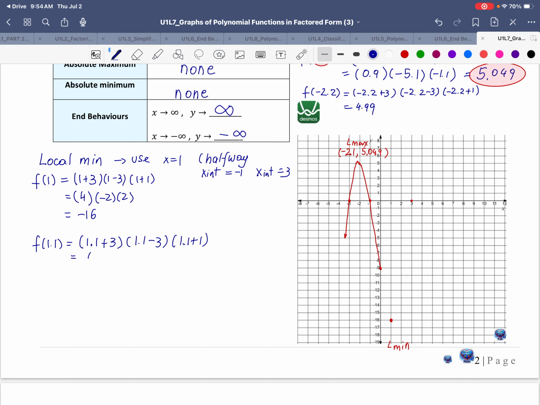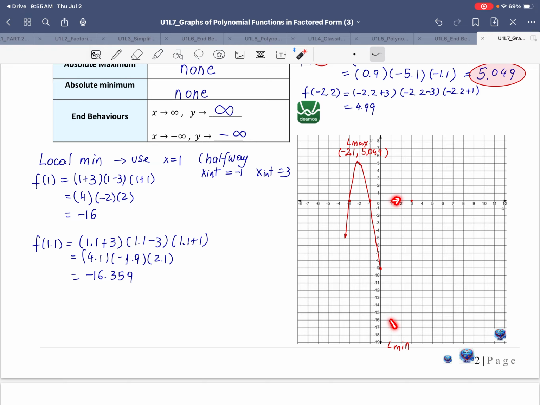So what we have here is 4.1 multiplying negative 1.9, and then multiplying 2.1. And we get negative 16.359.